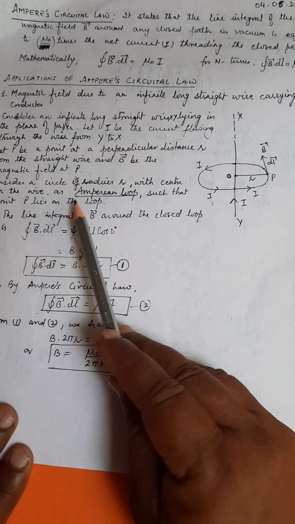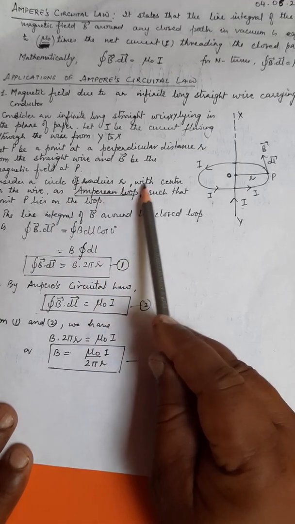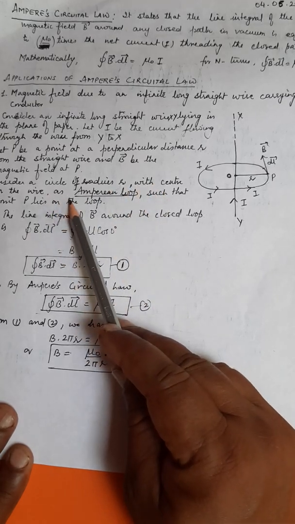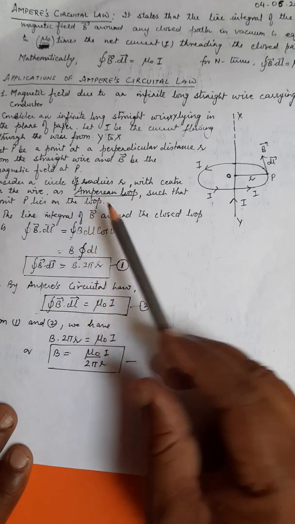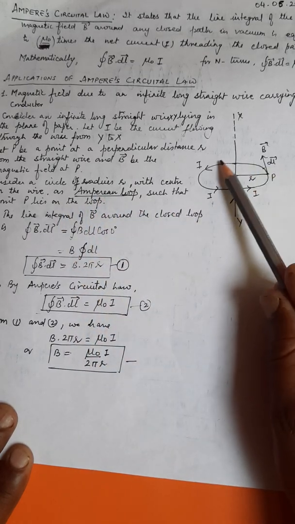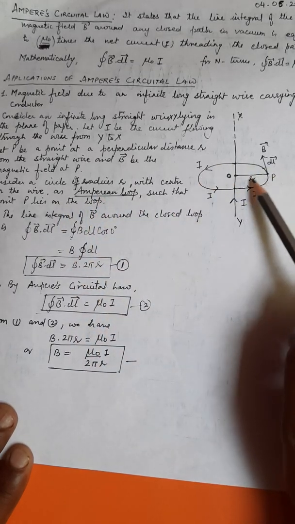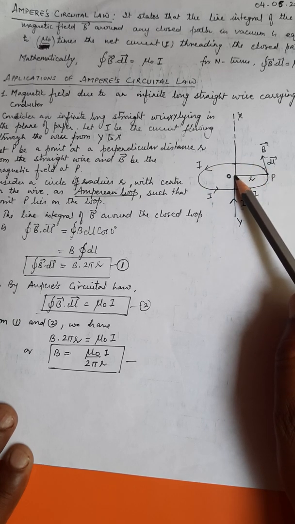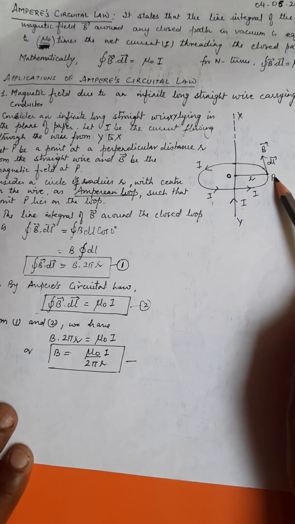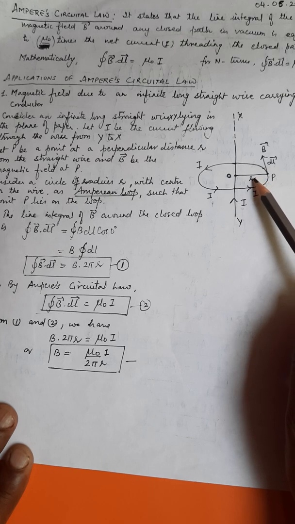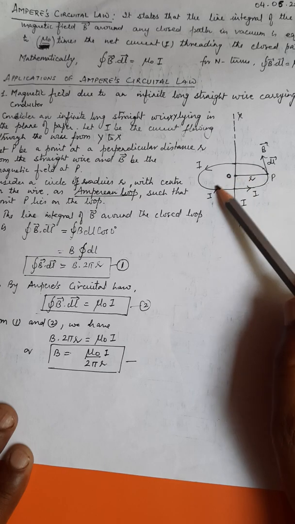Now consider a circle of radius r with center on the wire as Amperian loop such that point P lies on the loop. Now as we have the Amperian loop, we can use the Ampere circuital law.